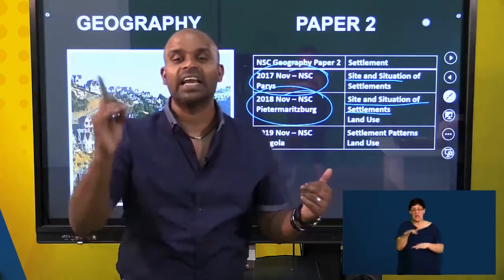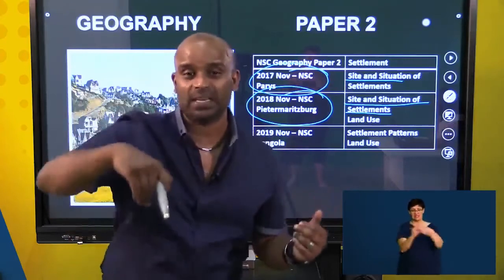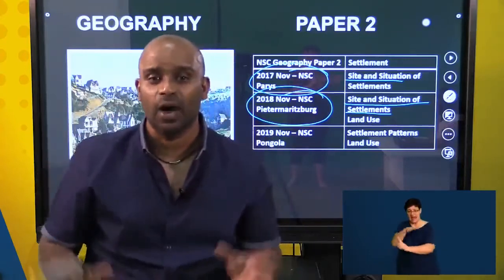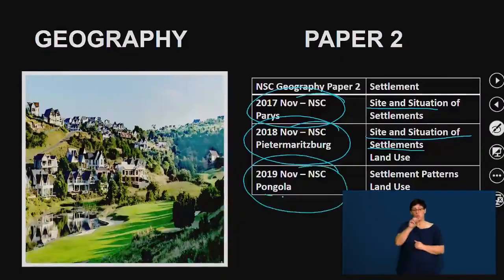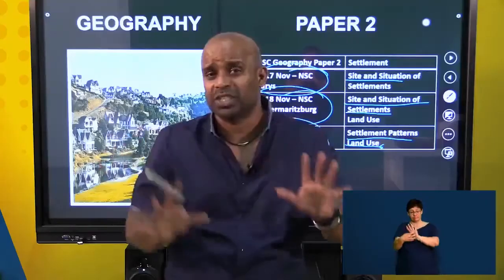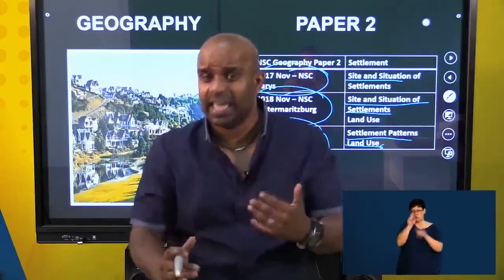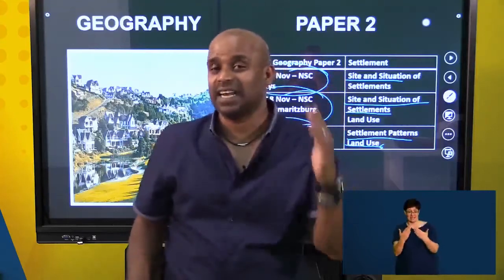Situation, the relationship between the settlement and its surrounding area. What factors are there? Notice in 2019, Pongola, settlement patterns as well as land use. So generally, when it comes to rural and urban settlements on topographical maps, you will note how the questions are structured through your studying and be able to provide the necessary evidence.